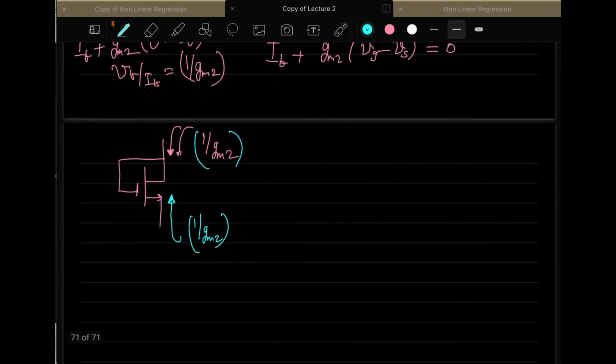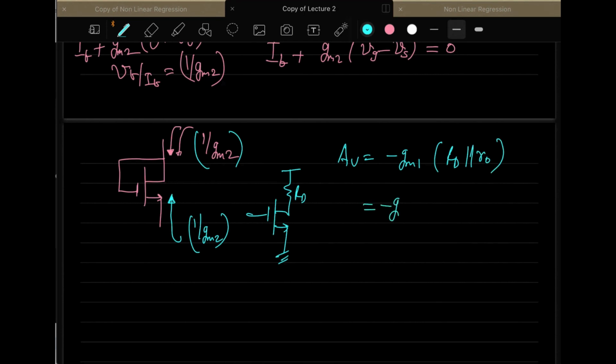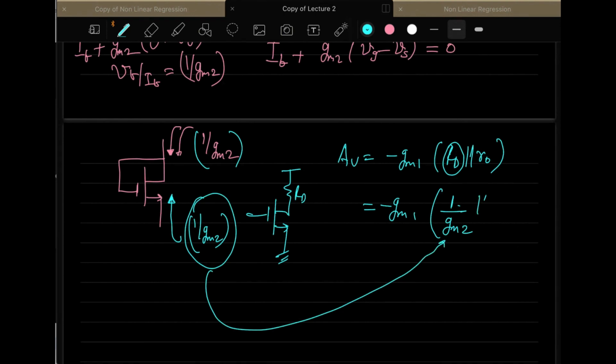The answer is the voltage gain for this particular configuration. The voltage gain for this we have already calculated. It is gm1 times RD parallel RO, and now RD is 1 over gm2. This is the one which is RD here, and then it is parallel with RO.